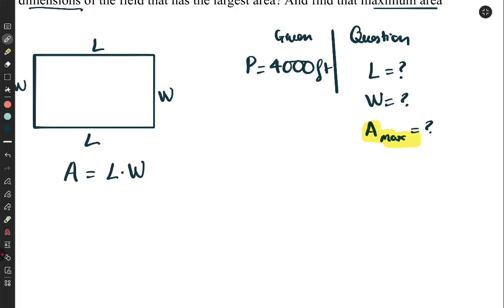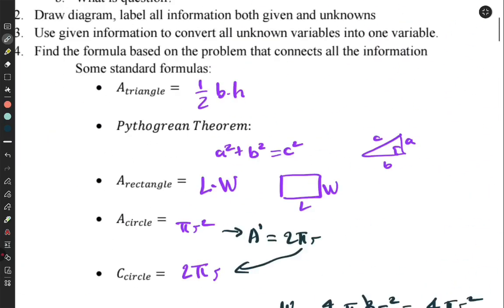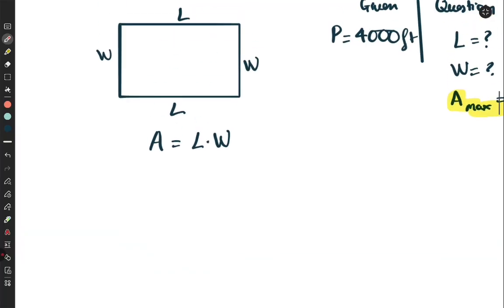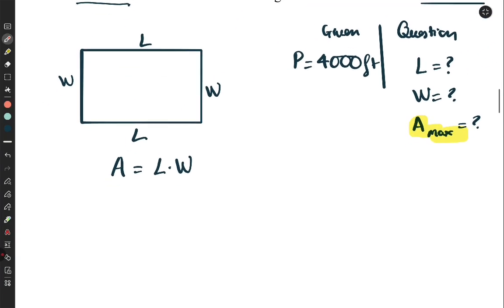Here is the step: you have the formula, you use given information to convert all unknown variables into just one variable. Right now, you have two, length times width. You want only one.